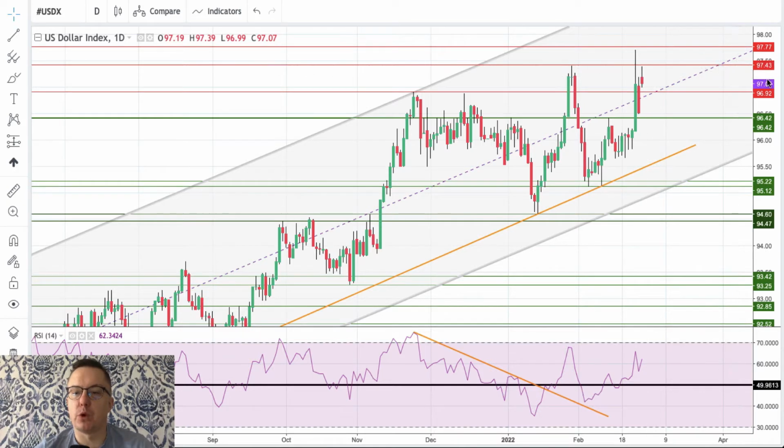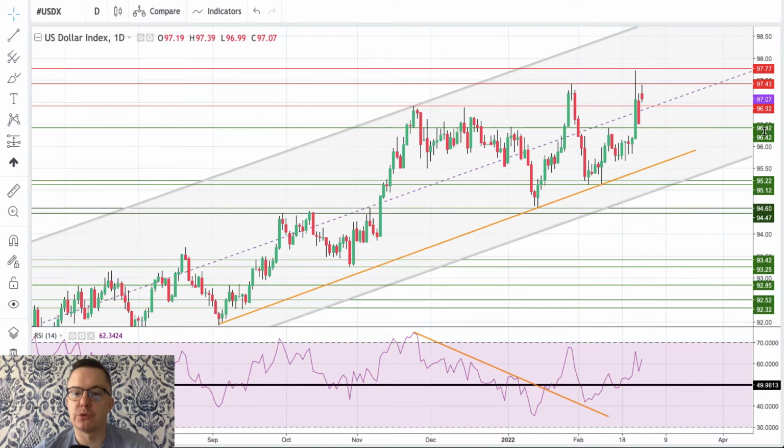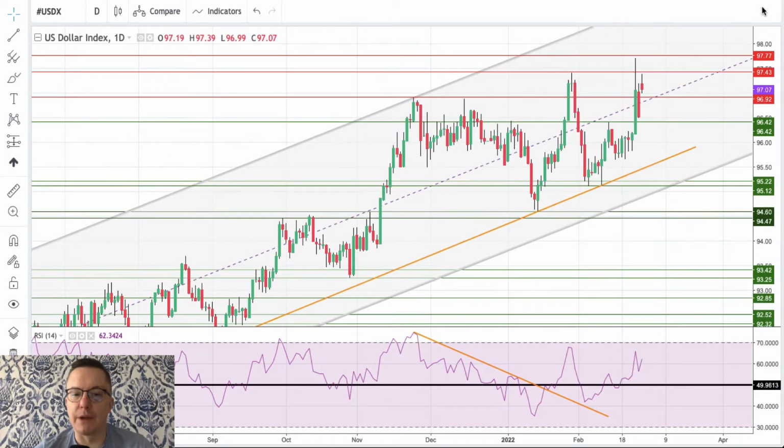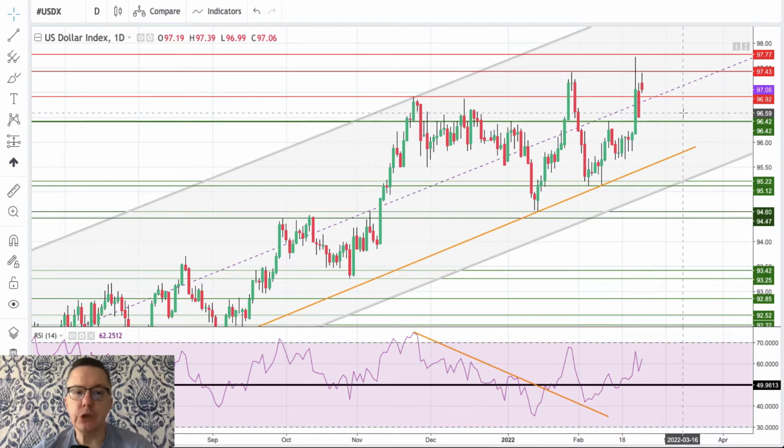The bulls want more. The bulls want to get towards 98.98 and then to test the round number of 100. In order to cancel this point of view, the US dollar index must fall below 96.42 and then of course below 95.12, as long as we are trading inside of this channel.